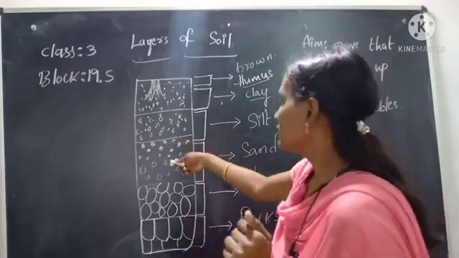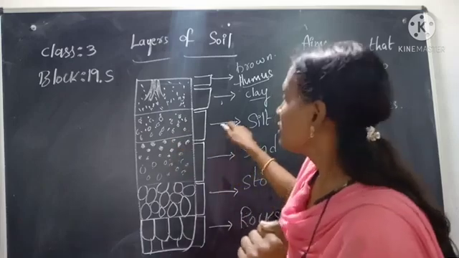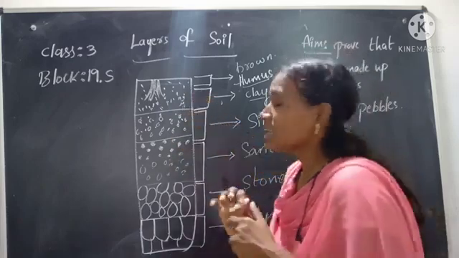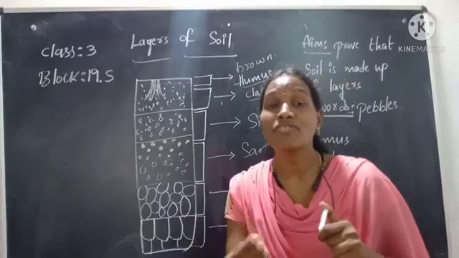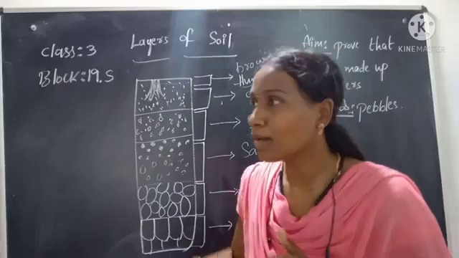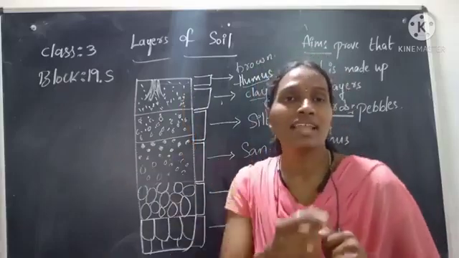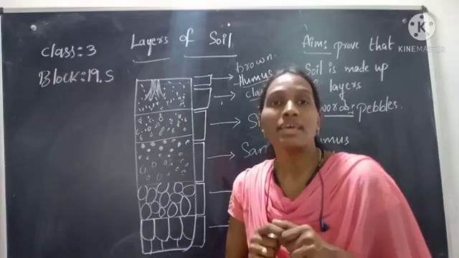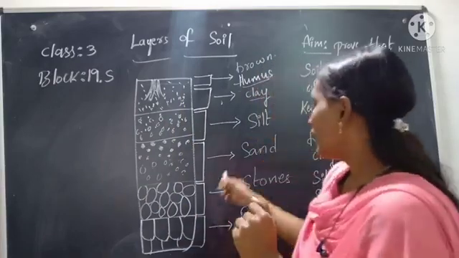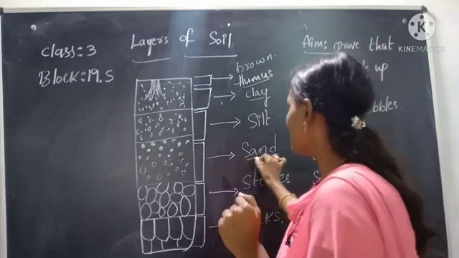See the third one. This is silt. Compared to clay, silt has slightly bigger particles. Now you can see the next one, that is sand.